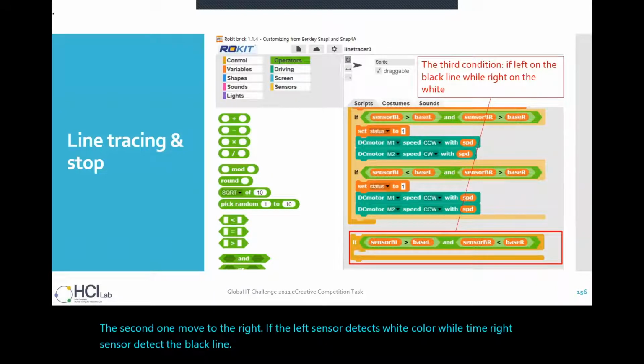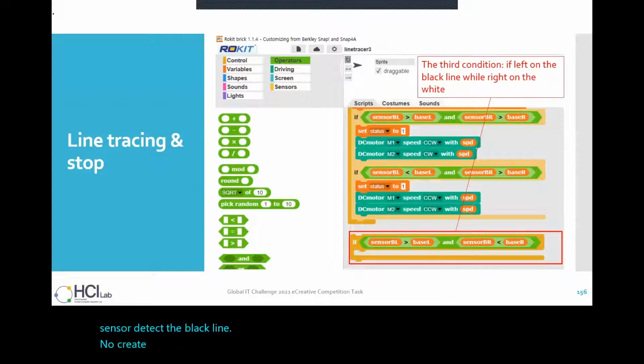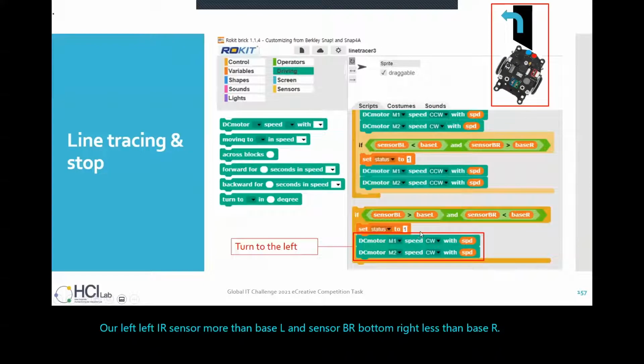Now create the third condition. If left is on the black line while right is on the white, our left IR sensor is more than base L and sensor BR, bottom right, is less than base R. It means we need to turn to the left.